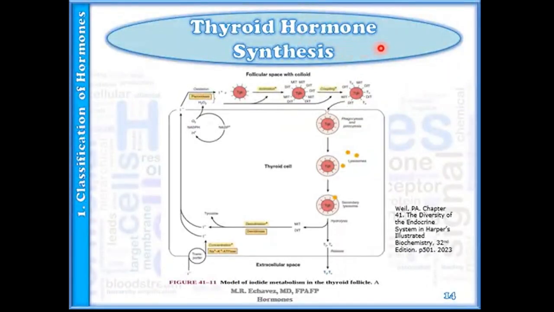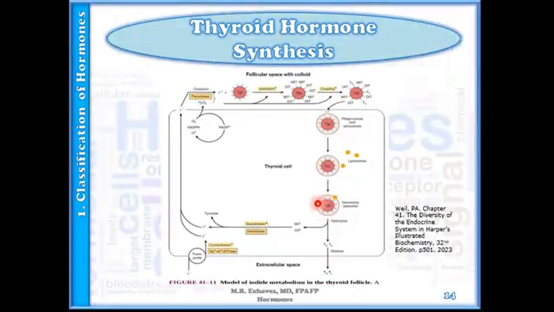Now, once there is a physiologic cue, this is endocytosed into your follicular cell, and it meets up with your lysosomes, where your lysosomal proteases will cleave the peptide bonds that bind your T3 and T4 precursors. Because of this, your T3 and T4 can now be secreted by your thyroid gland.